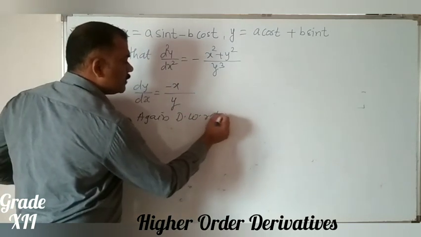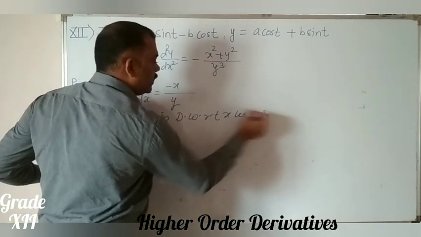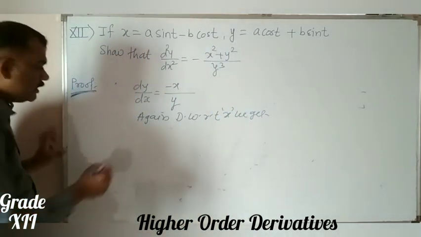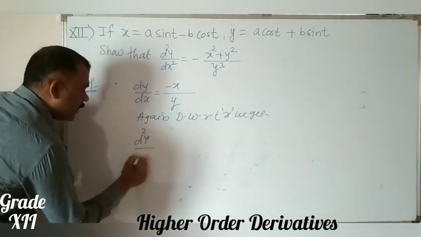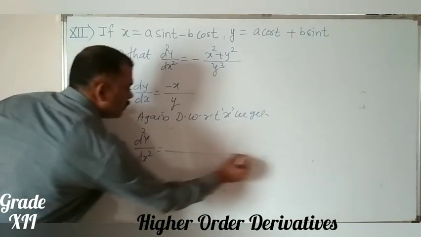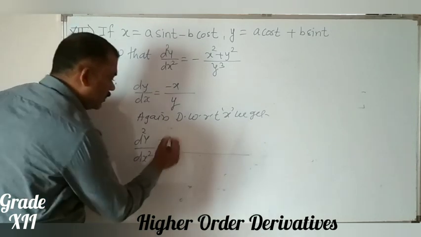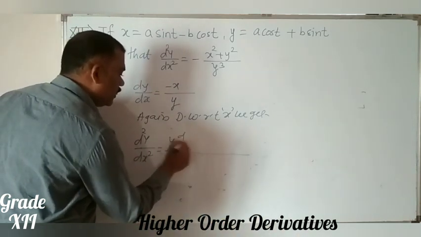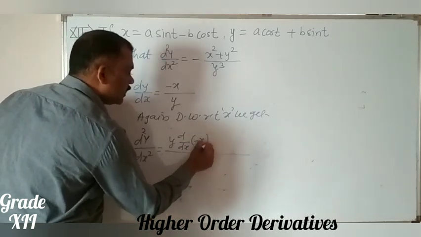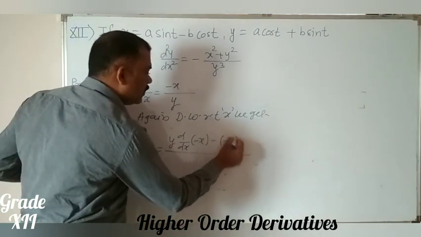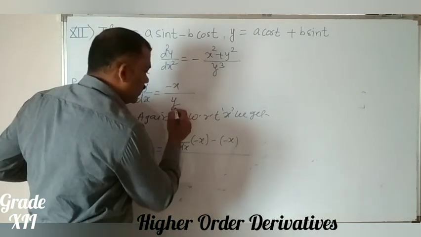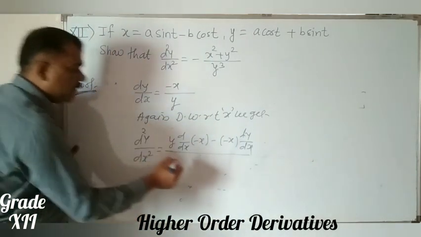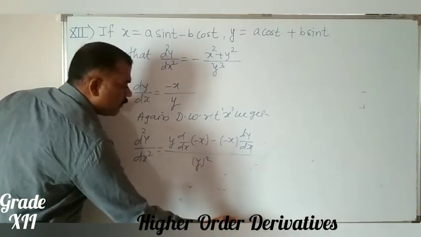Differentiation of dy by dx with respect to x is d2y by dx square, and here we have to use the quotient rule: denominator into derivative of the numerator, that is d by dx of minus x, minus numerator into derivative of the denominator, that is differentiation of y with respect to x, which is dy by dx, divided by denominator square, that is y square.